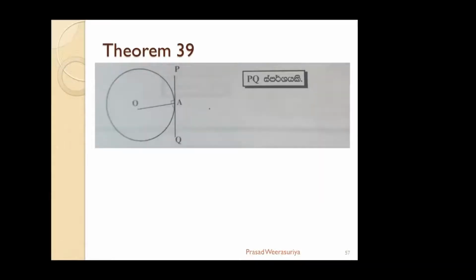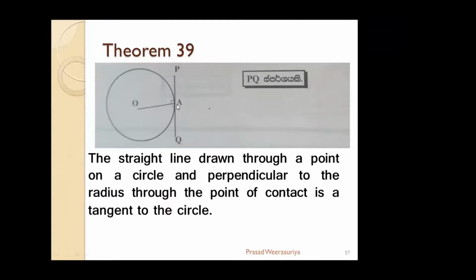Regarding tangents, theorem number 39 is regarding tangents. This is the theorem which defines the tangent, right? We can say that this theorem is the definition of the tangent. You can see here OA is the radius. This line touches the circle at a single point, right?